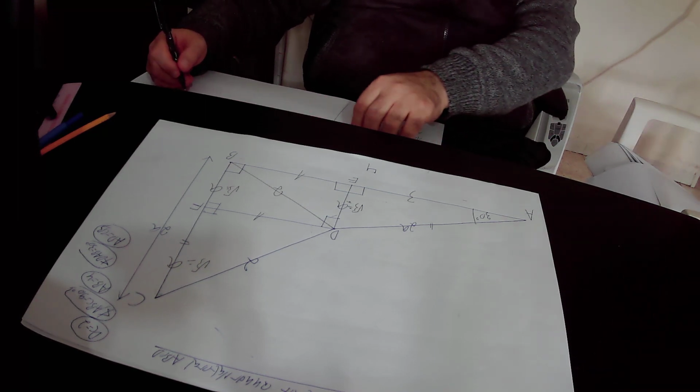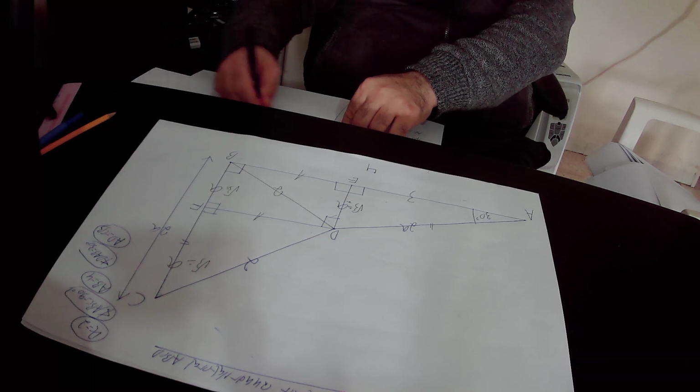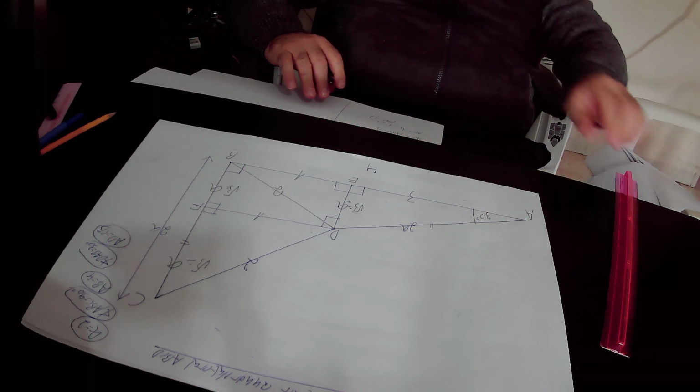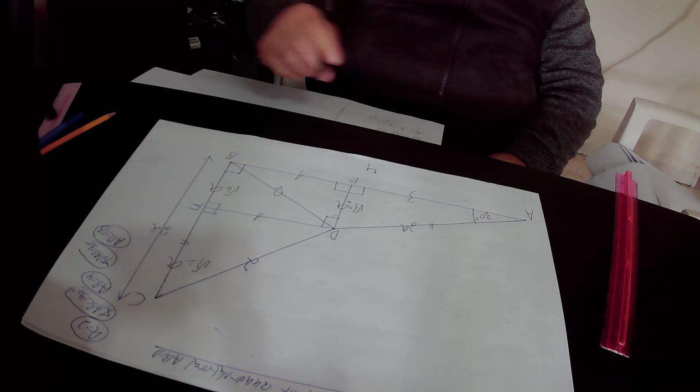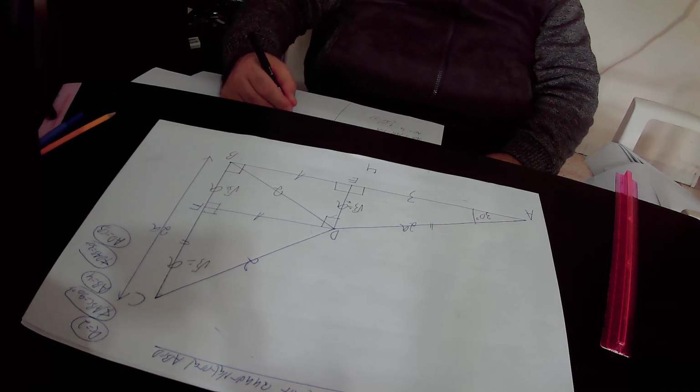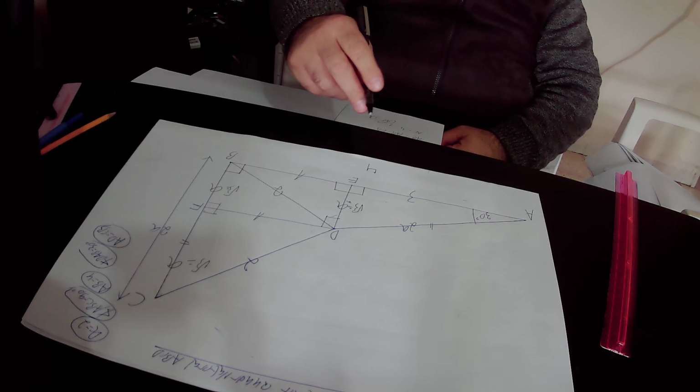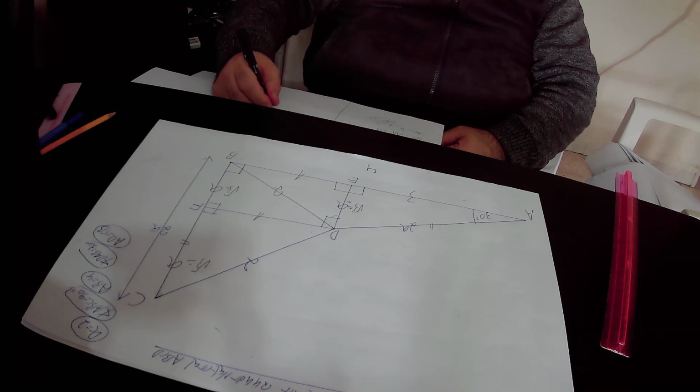So the area of triangle ADE equals AE, which is 3 units, times DE, which is 3 units here, over 2.